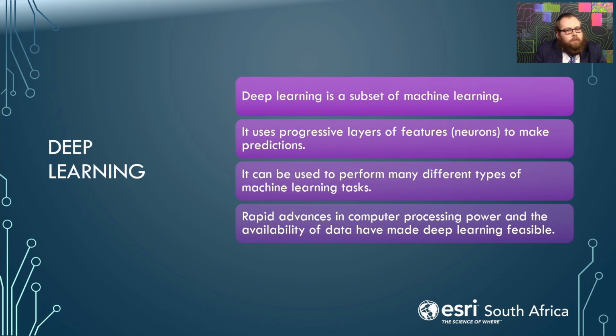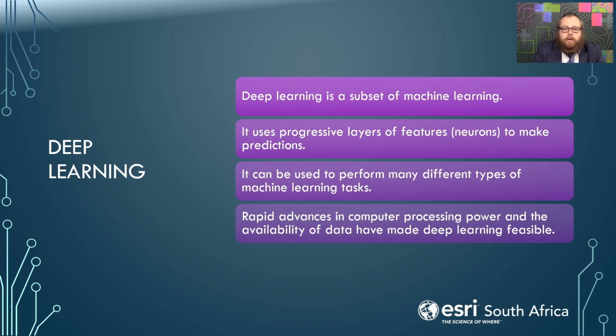Another thing to note about deep learning is that it's not all that new a concept. It was conceived in the 40s and the 50s. But at that time we didn't have the computer processing power and we didn't have the data available in order to create sophisticated and successful deep learning models. But we have that now.